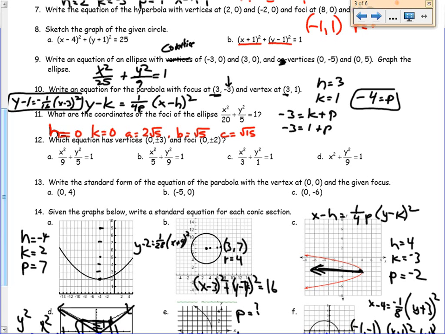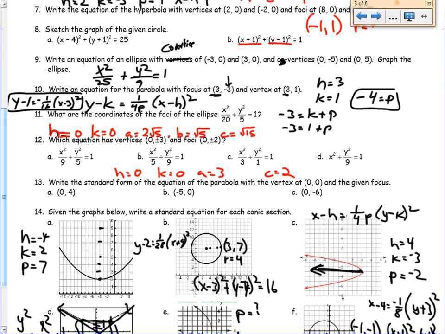Which equation has the vertices of plus or minus 3, and the foci at plus or minus 2? Again, H must be 0, K must be 0. If the vertex is at 3, A is 3. C must be 2.